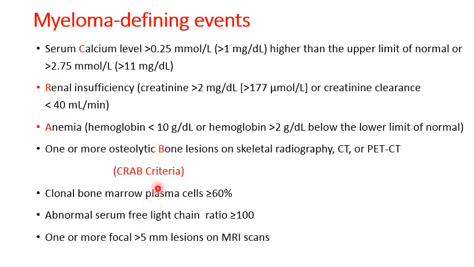There are other myeloma defining events, which I put in for the sake of completeness. So the CRAB criteria are important. Either one or more myeloma defining events should be there in addition to the bone marrow involvement or solitary plasmacytoma.